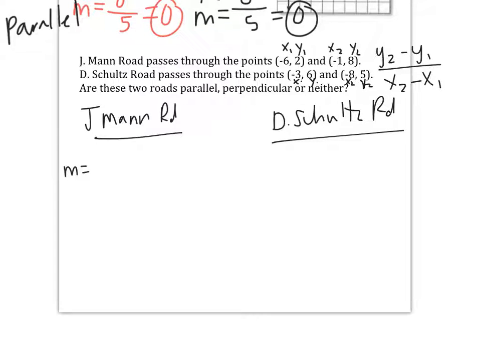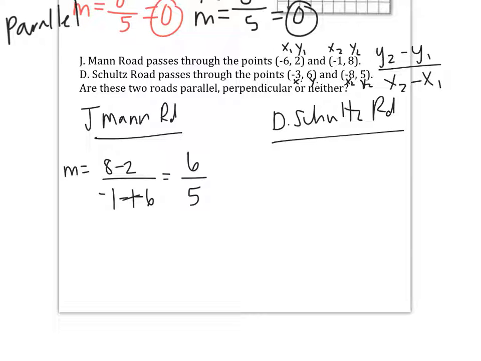And so for the first one, I will have 8 minus 2 over -1 minus -6. Chop, chop is really plus. 8 minus 2 is 6. -1 plus 6 is 5.